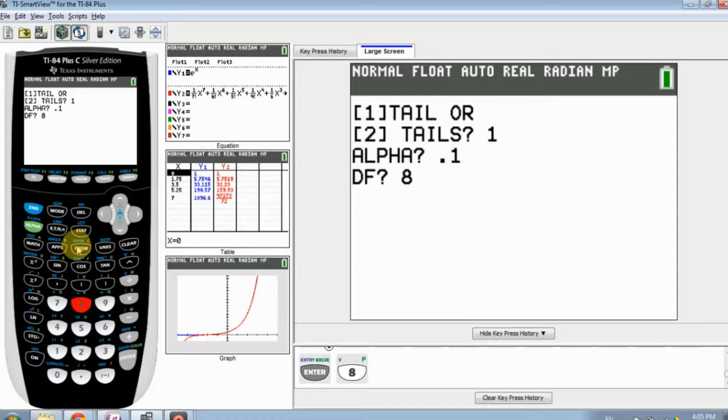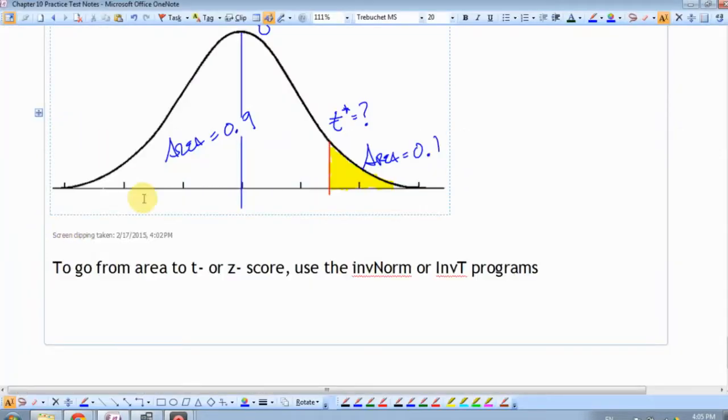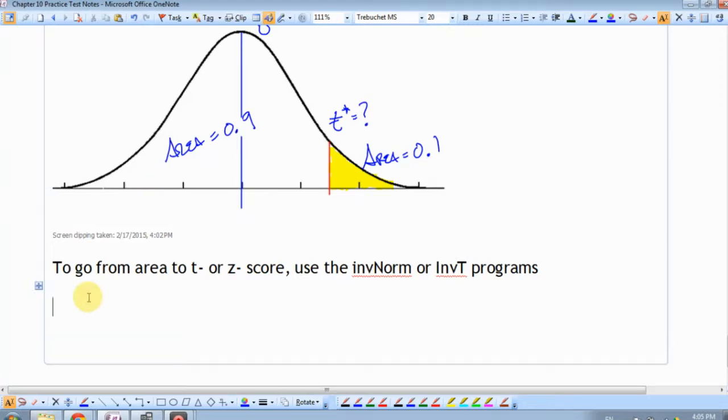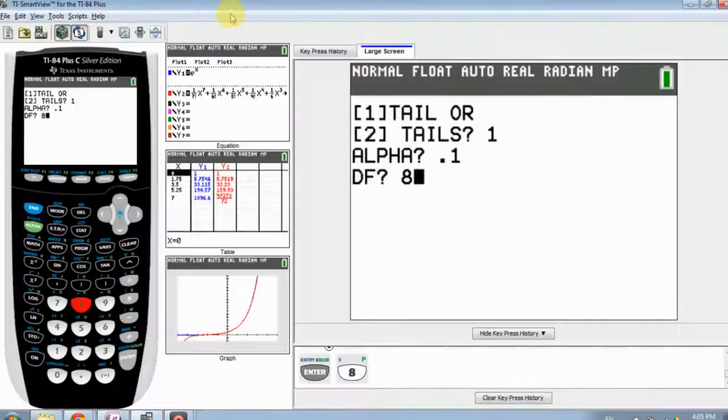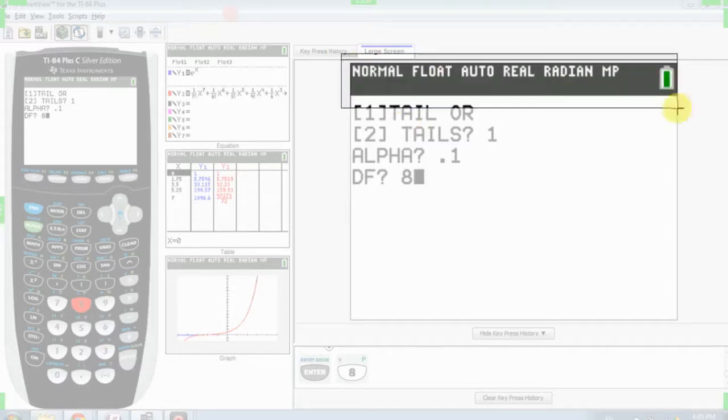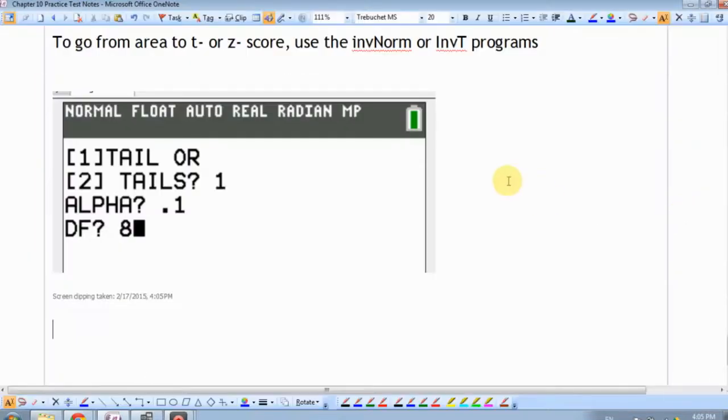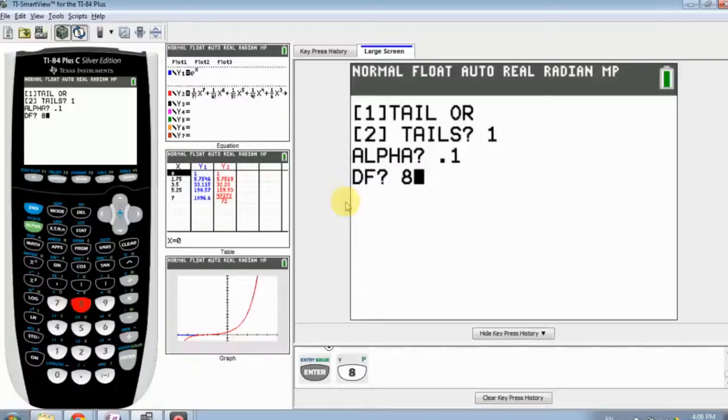Oh, then. Let's screenshot that right now. If you press enter, it keeps selecting. The degree of freedom is 8. Oh, okay. That makes sense.